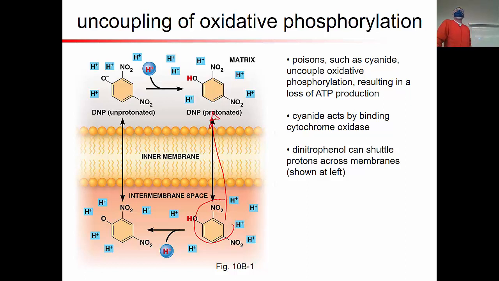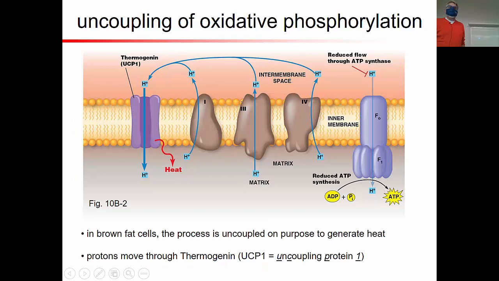And in this case, it does that without moving them through ATP synthase. And so the way these poisons and uncouplers work is they either stop the electron transport chain or they prevent ATP synthase from being used. And these, of course, can kill you because your body now will stop producing enough energy. Okay? Because we're dependent upon that high yield that we get out of the mitochondria.